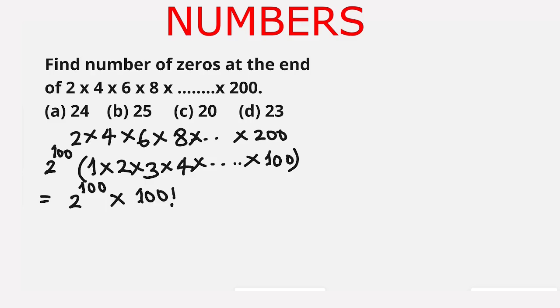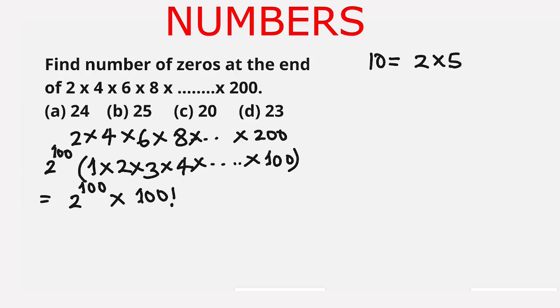Now we have to find the number of zeros at the end of this number, 2 to the power 100 multiplied by 100 factorial. And the number of zeros is nothing else but the maximum power of 10 in this given number. But 10 is not a prime number, and 10 is equal to 2 multiplied by 5.